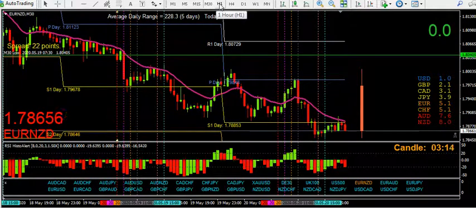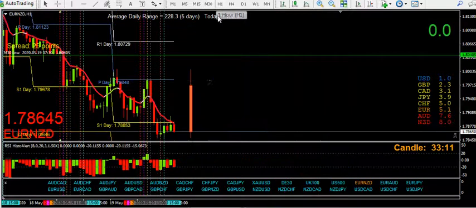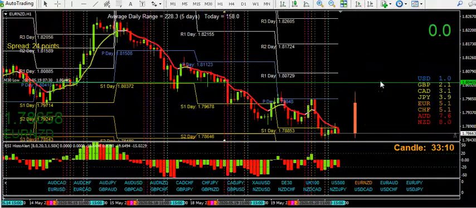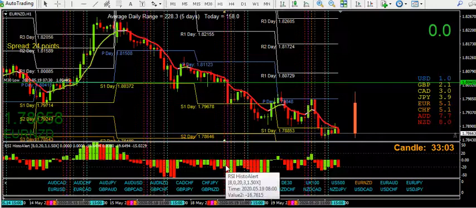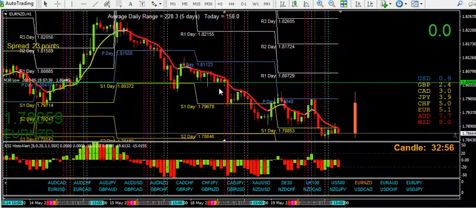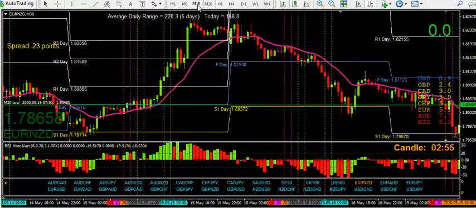You mentioned the H1 was down as well. H1 prior to your entry was going down. That's fine. It was red prior to your entry.